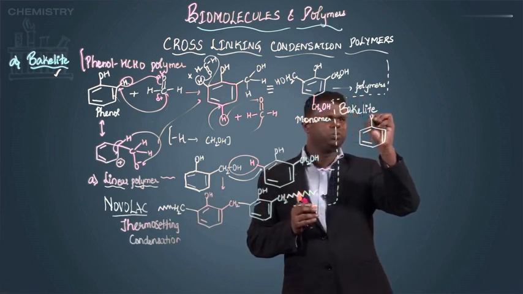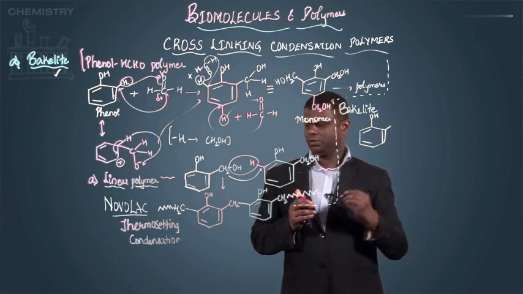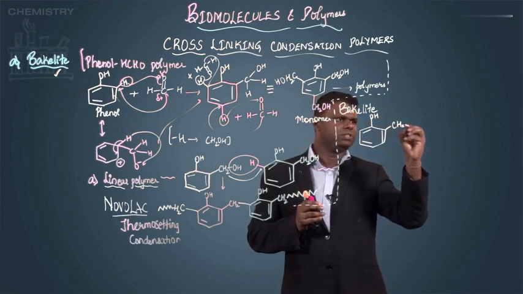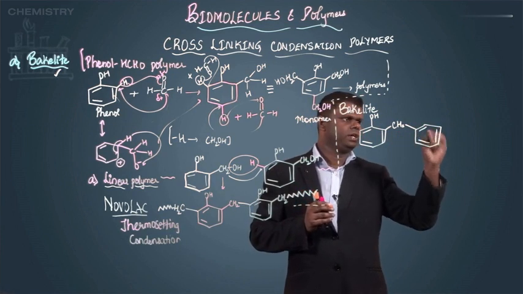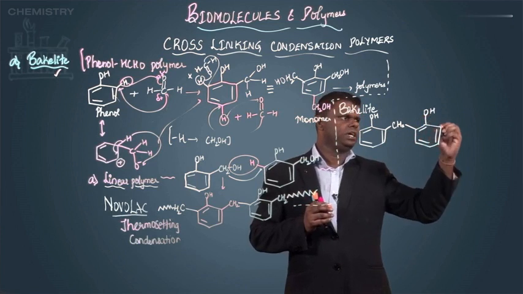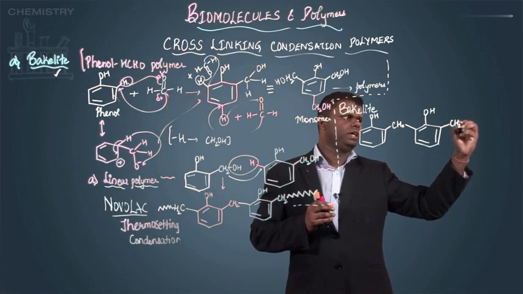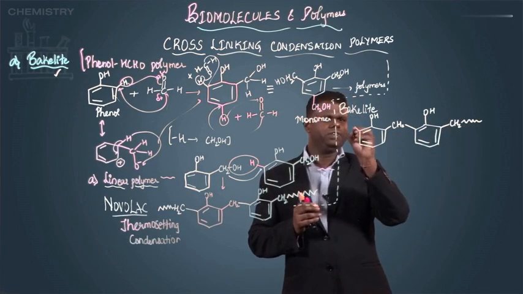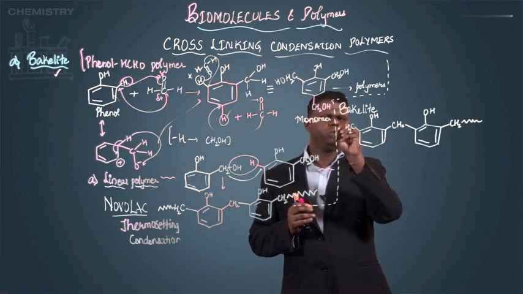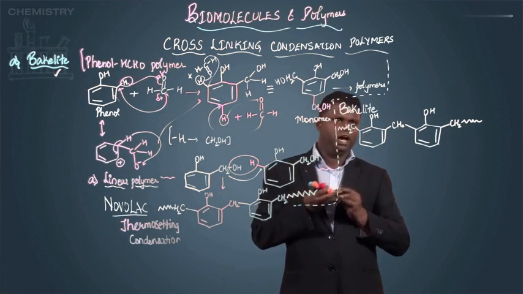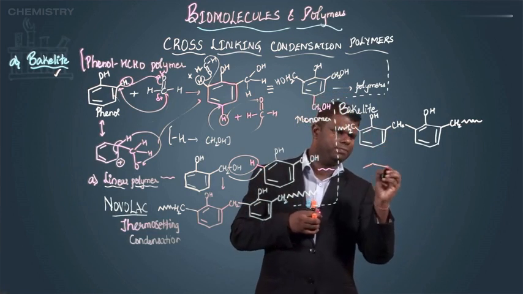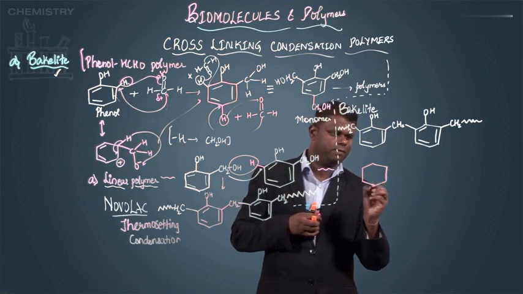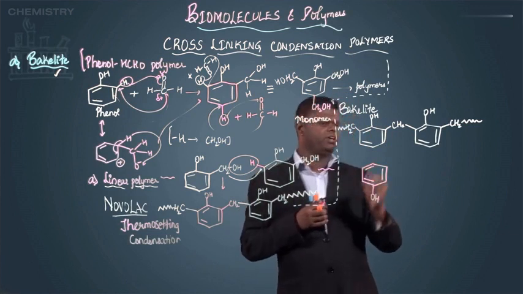Okay, this is connected to OH, and then this is connected to CH2. This is connected to another benzene ring. Okay, this is connected to OH, and then you have CH2, and then you have a zigzag line which says that this is nothing but the growing polymer chain. Now you just draw the same molecule over here, and at the para position you have an OH group.